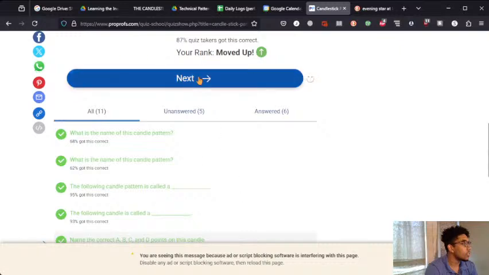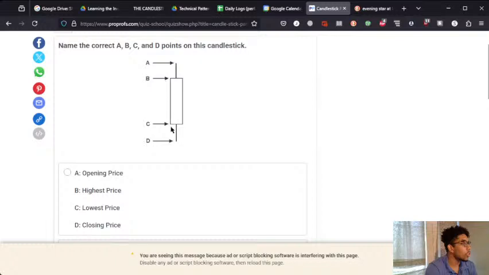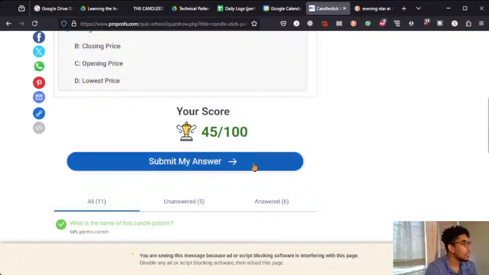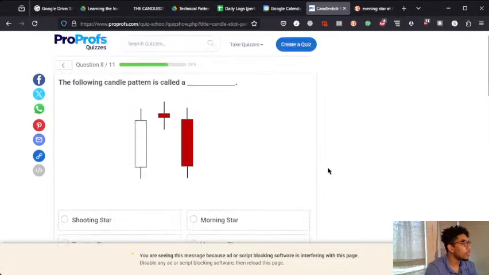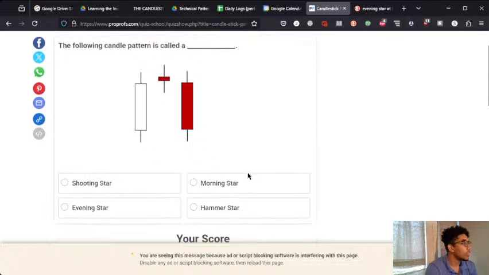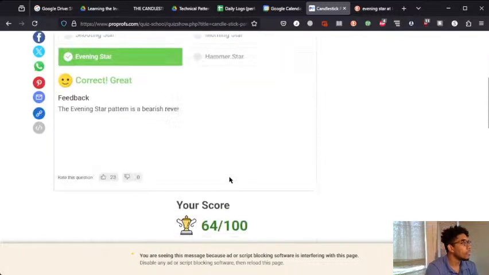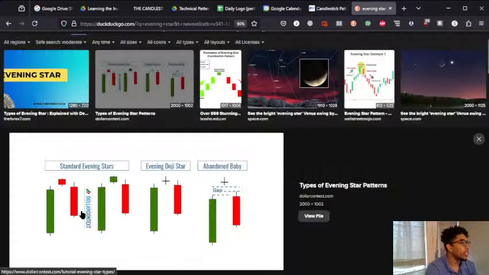Next. Okay, so this is a bullish candle, so it opens at C and closes at B. I think this is an evening star. Yep. And we looked at that before, right? So it looks reminiscent of these.